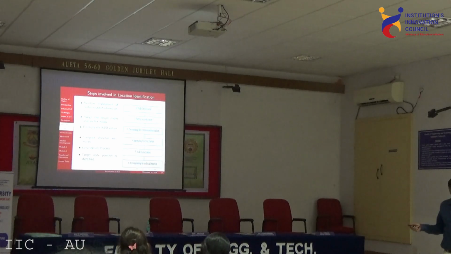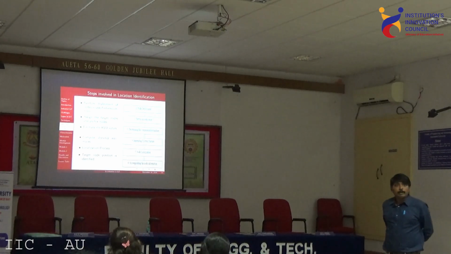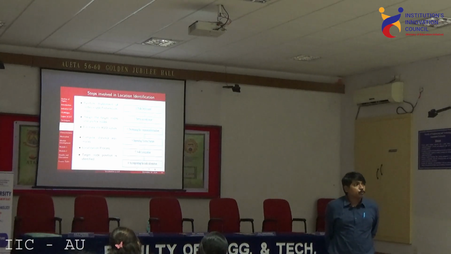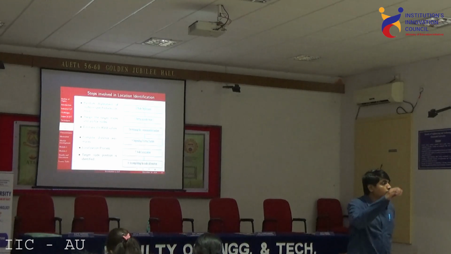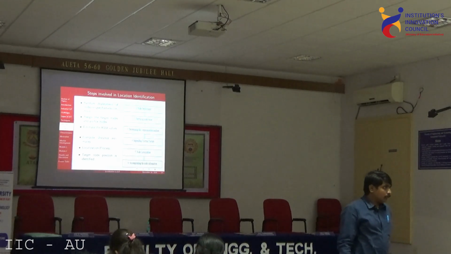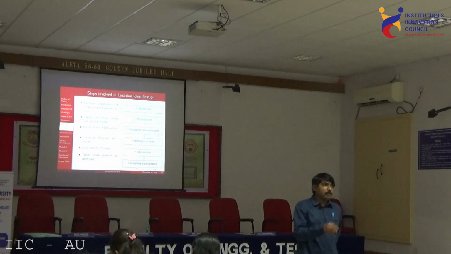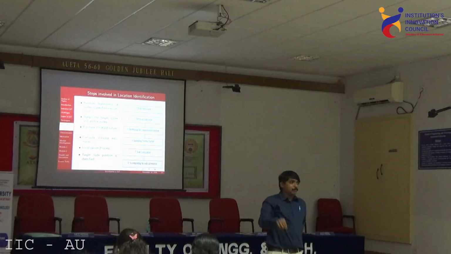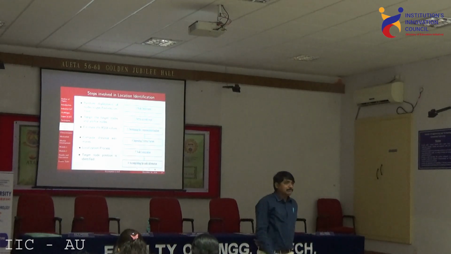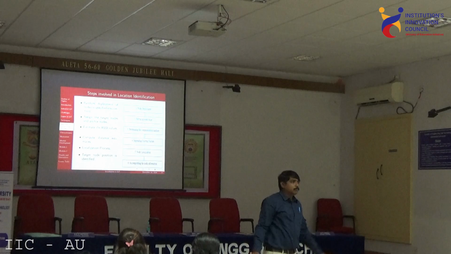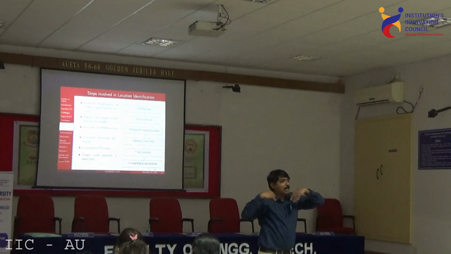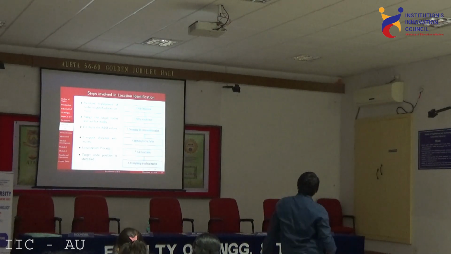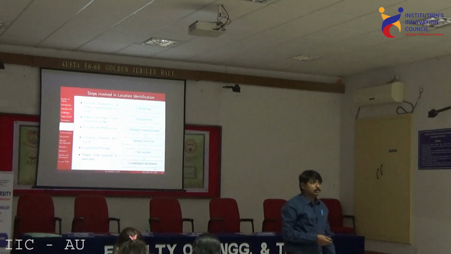First is node deployment. What is meant by node deployment? That means I need to find where I am going to deploy my nodes, in which environment I am supposed to fix the persons. If all 30 participants sit here and there as per their own choice. The second thing is setting the node range. What is the node range?